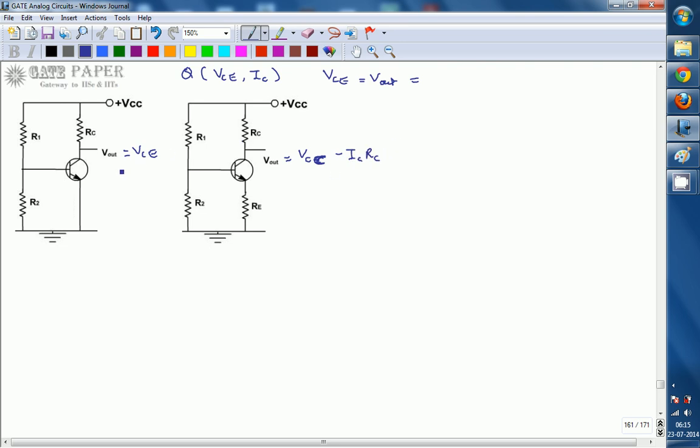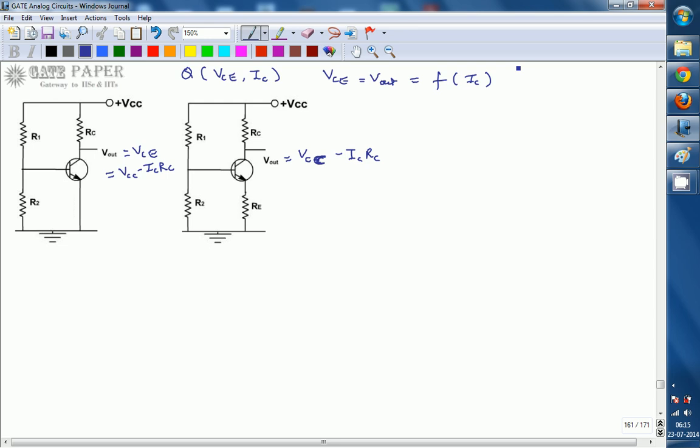In this case also you can write the same equation, VCC minus ICRC. So if IC changes, definitely VCE changes, remember that. VCE and VE are functions of IC. If IC is constant, VCE is constant, so the Q point is constant. That is what we are going to check.